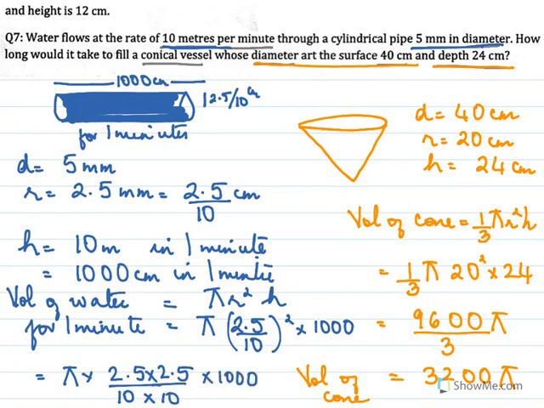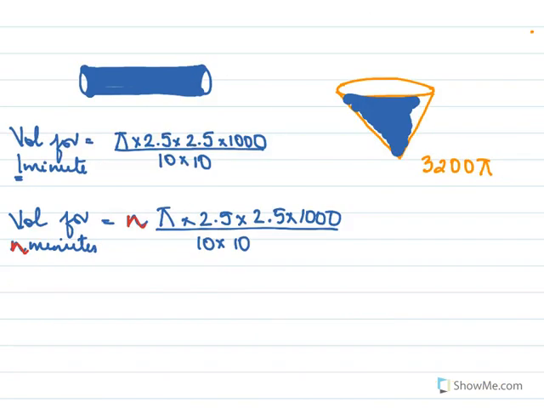This is the amount of water for 1 minute. One minute is this one cylinder. So for n minutes it would be n into this entire volume, since this volume was for 1 minute.